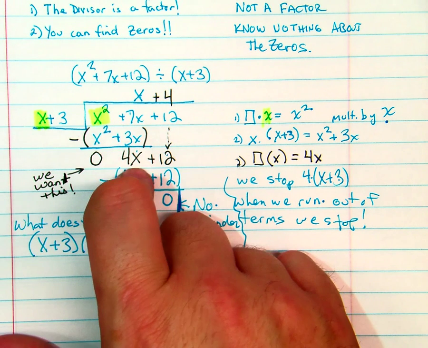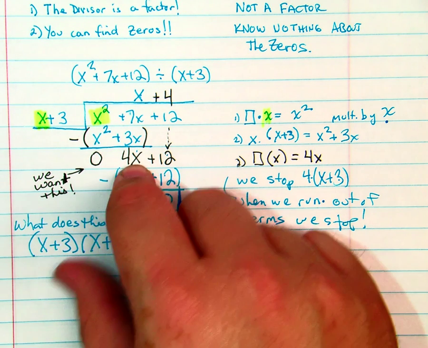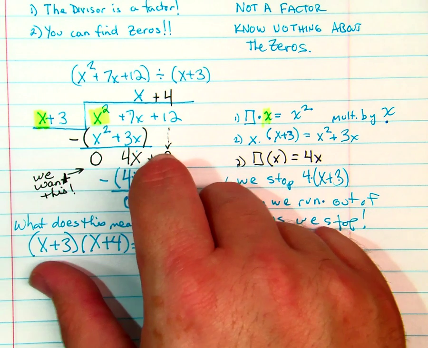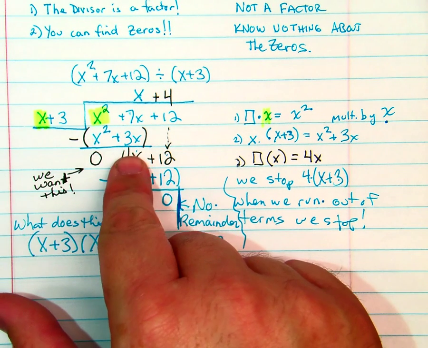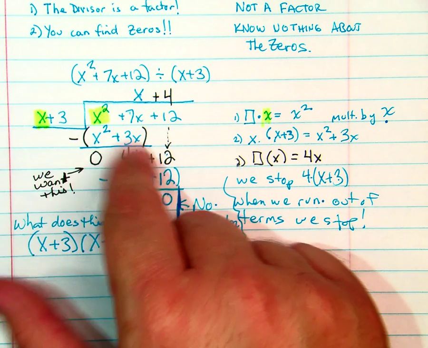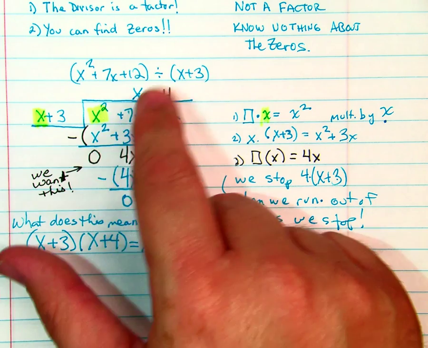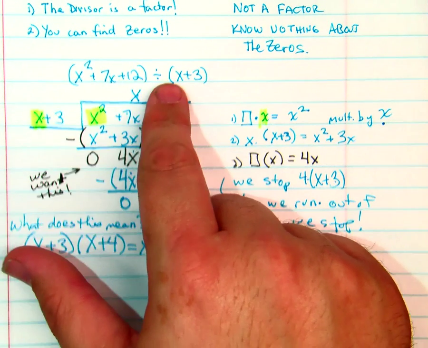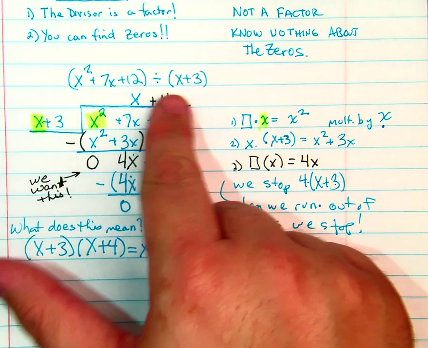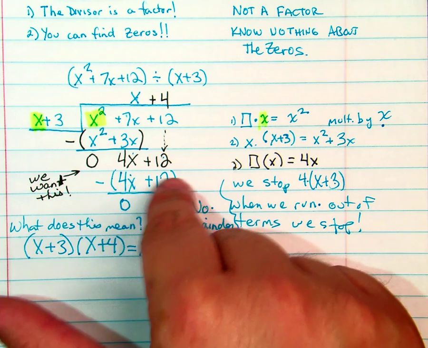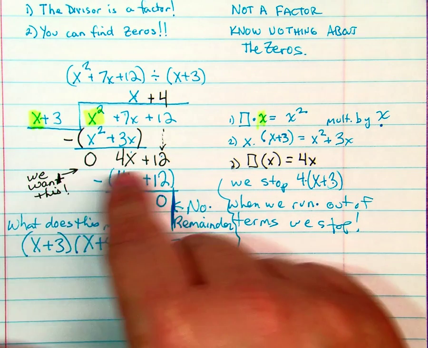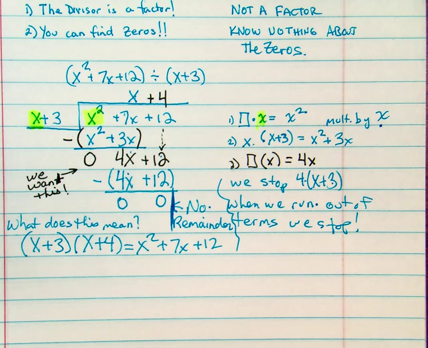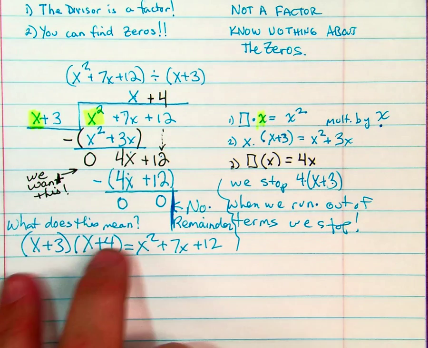And then I say, all right, x needs to be a 4x. What do I have to do to x to get it to a 4x? Multiply by a 4. So 4 times x is 4x. 4 times 3 is 12. Well, that's this blue stuff here. Subtract those and I got a 0. So that's what you end up doing in that case. And since I had no remainder, I got this. I can find my zeros because now I know a 0 is going to be, what's going to make this one 0?